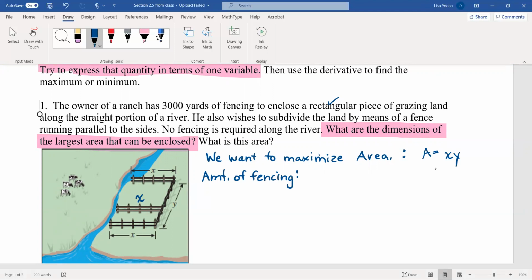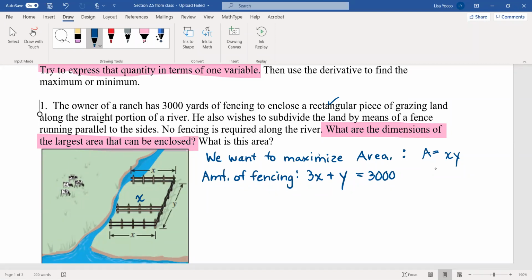Well, three sides of length X and one side of length Y. So the total amount of fencing is 3x plus y. And we're told that he has 3,000 yards. So for the amount of fencing, we have a little equation, also involving x and y.